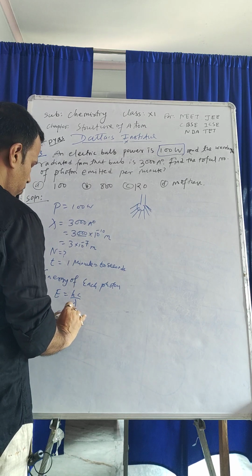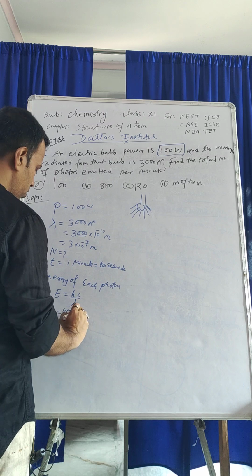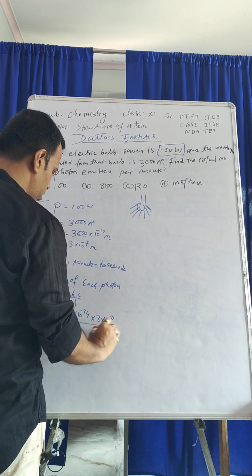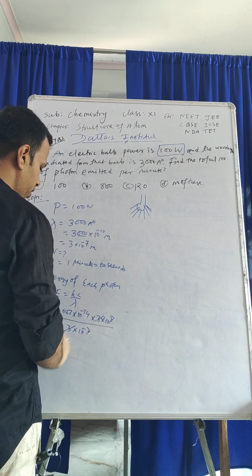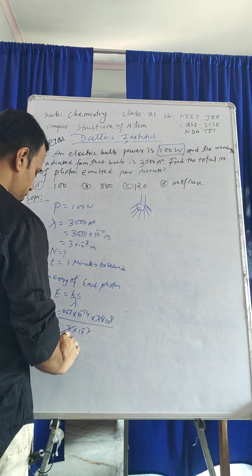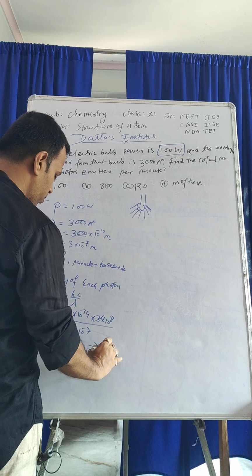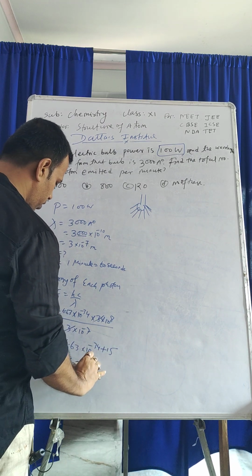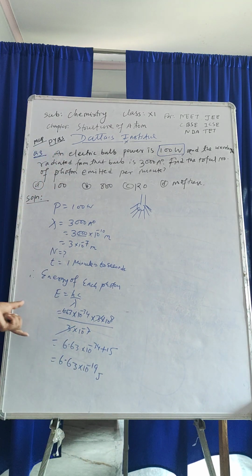So h is 6.63 into 10 to the power minus 34, c is 3 into 10 to the power 8, divided by lambda, which is 3 into 10 to the power minus 7. If I cancel 3 by 3, the energy will be 6.63 into 10 to the power minus 34 plus 15, so it will be 6.63 into 10 to the power minus 19 joule. So the energy of each photon came out.